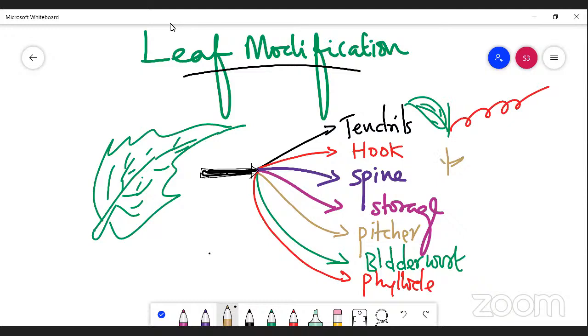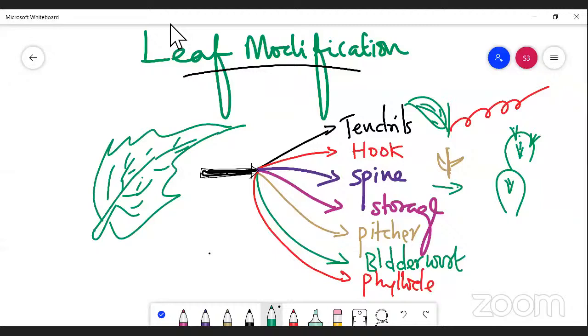Hooks are originated, right? Bignonia. Hooks, that I'm going to show you. Sometimes the leaves are modified into spine-like structures. If you take an open shell, there are some spines, a spine-like structure that you see.